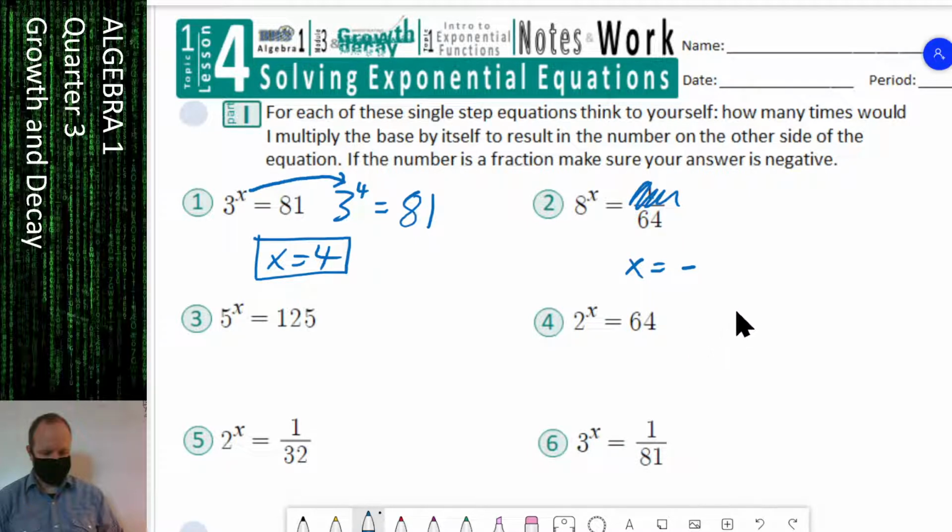Yes. And really, if we were to plug in 8 to the 2nd power, it would give us 64, right? Because that's just saying multiply 8 by itself twice.